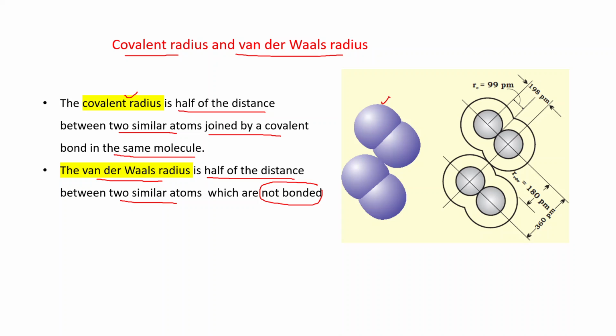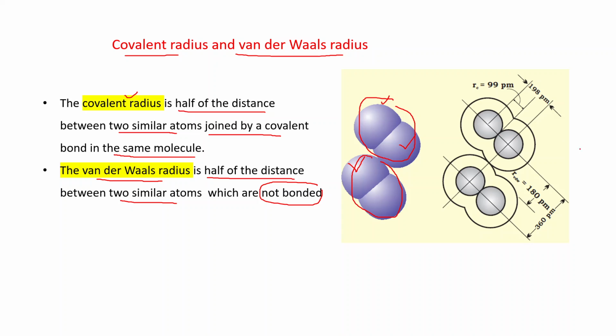This is one chlorine molecule. In this, two chlorine atoms are bonded. This is one chlorine molecule and this is another chlorine molecule. Now, if we consider this atom and this atom of chlorine, these are not bonded to each other.